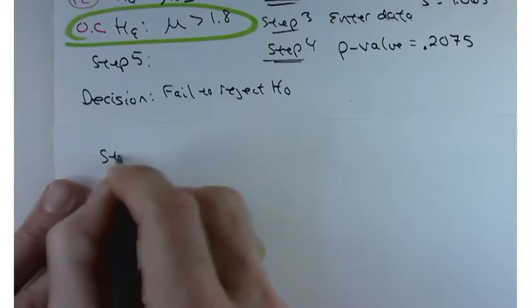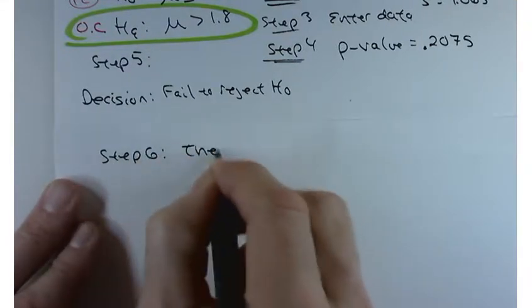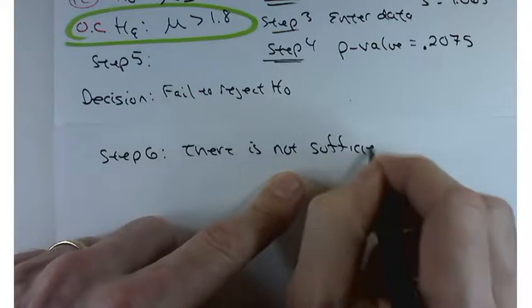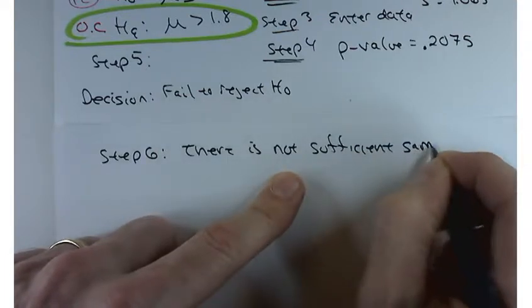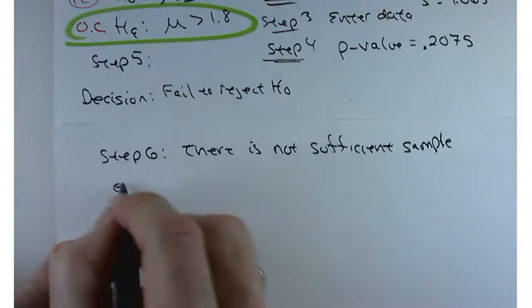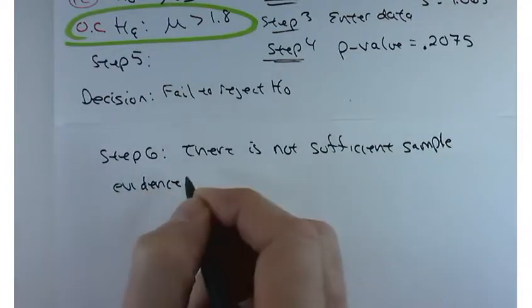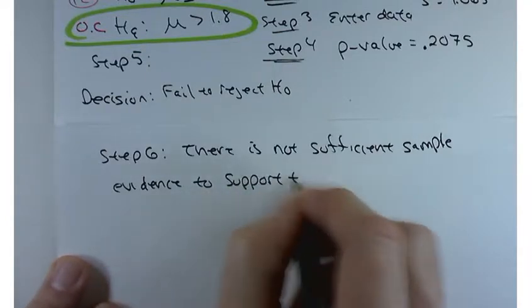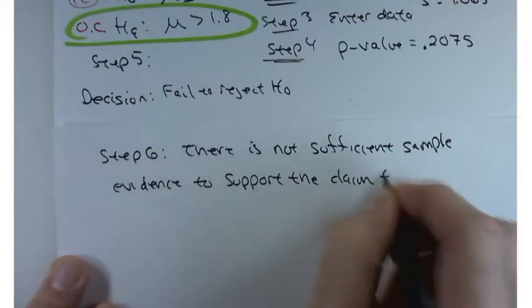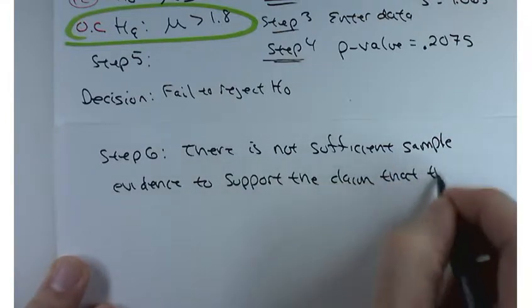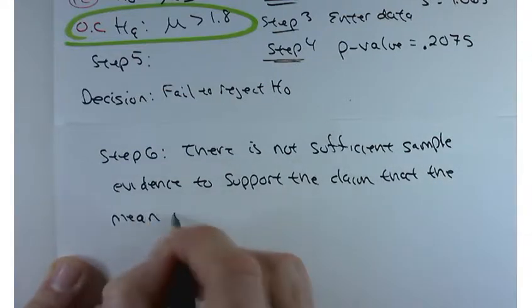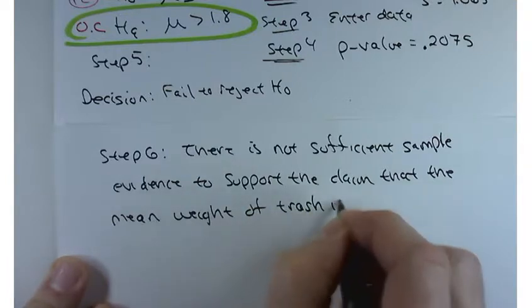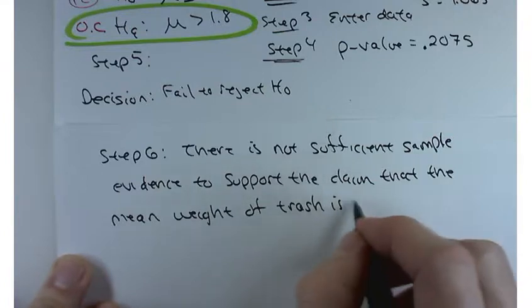So step 6. There is not sufficient sample evidence to support the claim that the mean weight of trash is greater than 1.8 pounds.